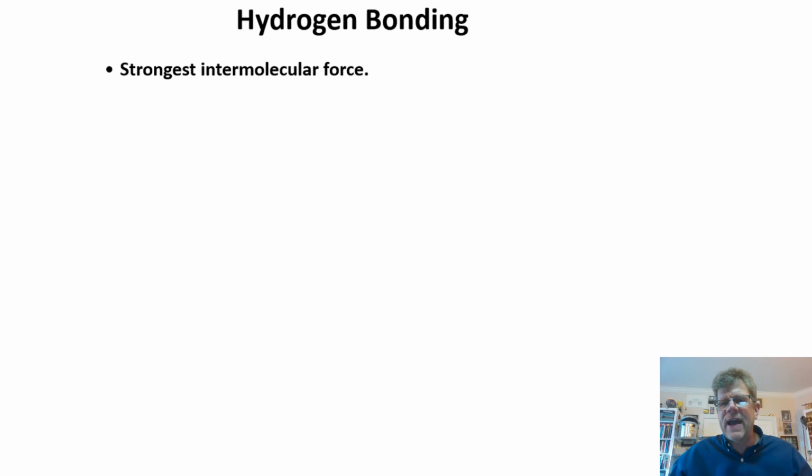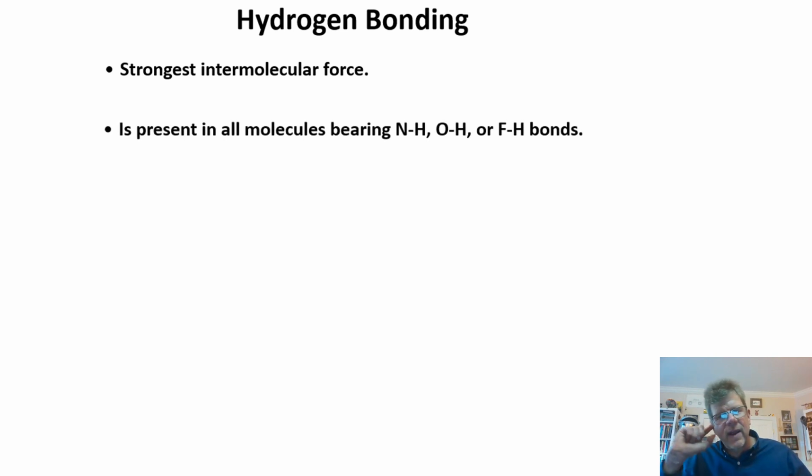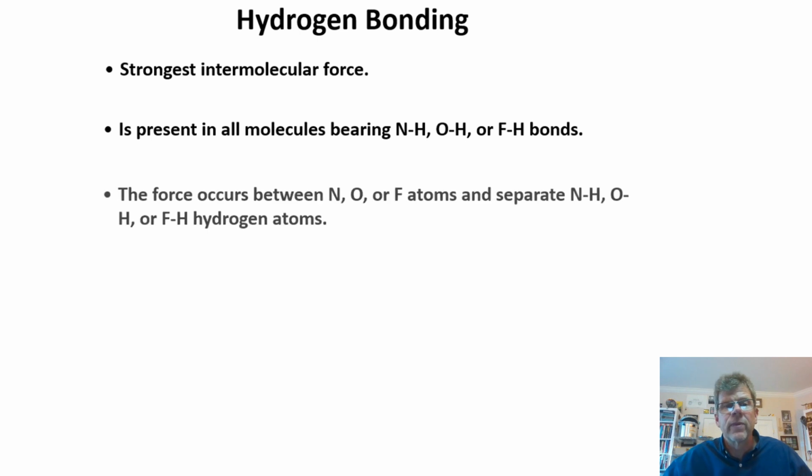All right, the last one. Hydrogen bonding is by far the strongest intermolecular force, stronger than the other two that we have looked at. It is present in just certain molecules. And if a molecule bears either a covalent NH bond, an OH bond, or an FH bond, it will exhibit hydrogen bonding.